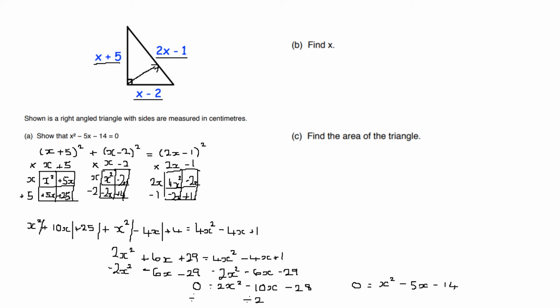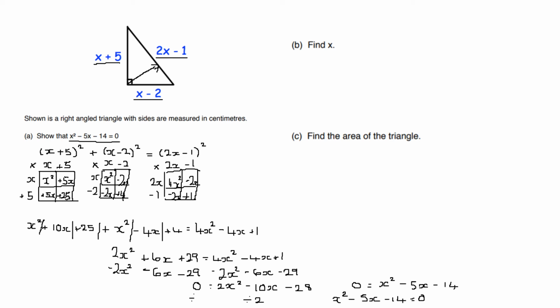And then I'm just going to switch the expression and the 0 around so that my equation is equal to 0, with the 0 on the right hand side, because we've been asked to show that. So we need to write our final answer in that form.